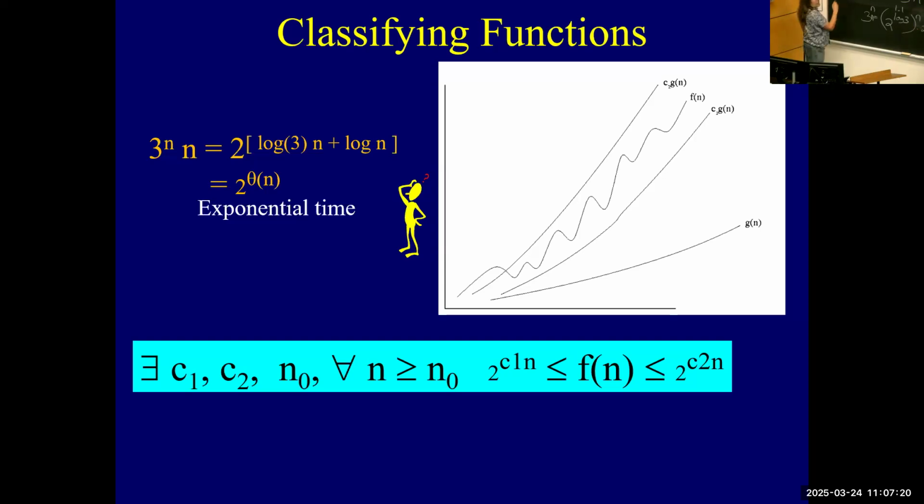Base 2, it's n. So now we're multiplying these. What do you get here? Did you get an addition, plus log n? No, not for me.